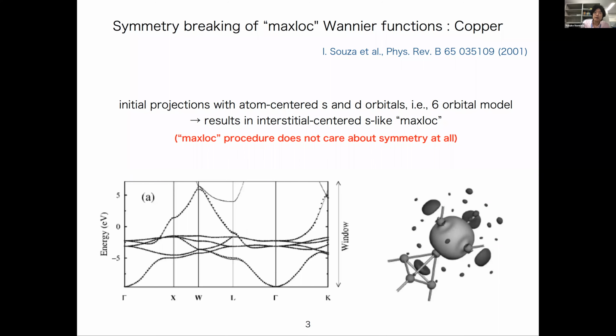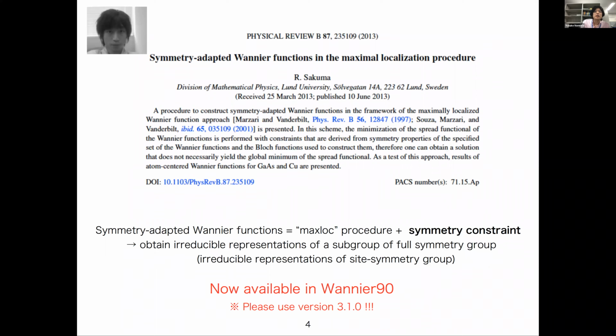Sometimes we want to make the symmetrized or symmetry-adapted Wannier function. And sometimes we want to make really atom-centered Wannier functions, right? Then in 2013, there was a seminal paper by Sakuma, which proposed a method to put a symmetry constraint on the maximal localization procedure.